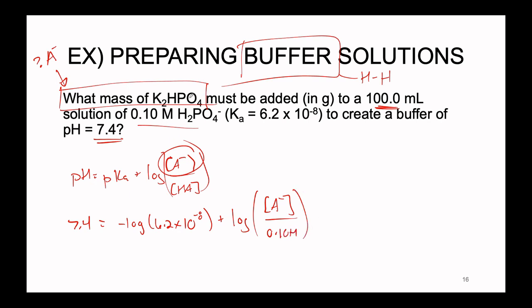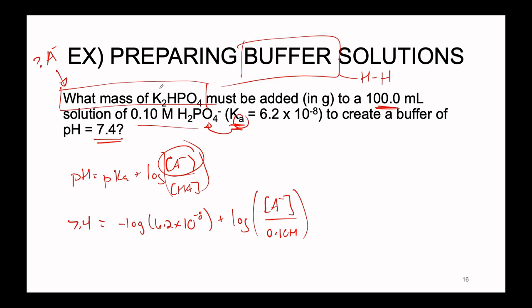Now, how did I know that the H2PO4 minus is the weak acid in this case and not the conjugate base, right? Because there's a minus sign here. Well, there were two hints. The first hint is that we are given a Ka directly after the molecule. A means acid. Pretty easy to tell there that the H2PO4 minus, the molecule that preceded it, is going to be an acid.